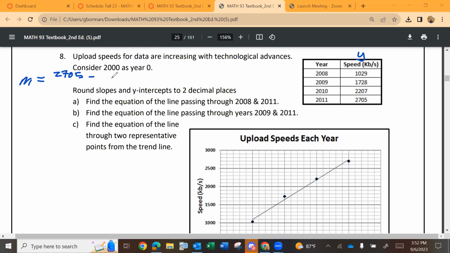Let's see, 1029 divided by the difference of the x values, in this case the years. So 2011 minus 2008. They did say the year 2000 is year number 0, so I could have just said year 11 minus year 8. Either way, it'll still give me a 3 in the denominator.